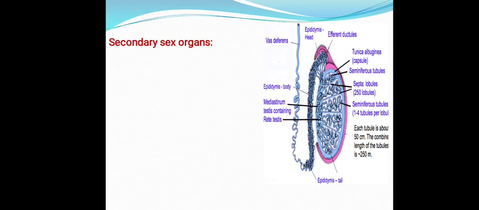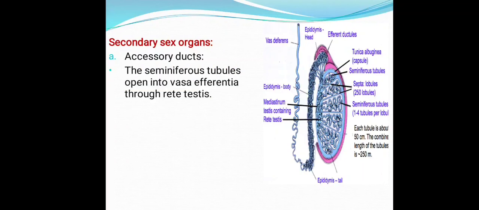Let us move on to the secondary sex organs, which involve accessory ducts. Here you can see the coiled structures inside the compartments, the seminiferous tubules.